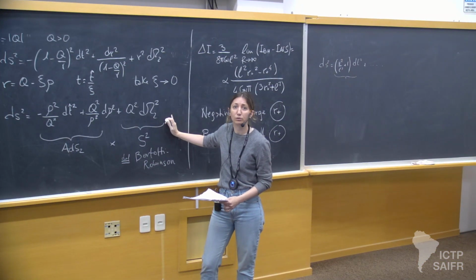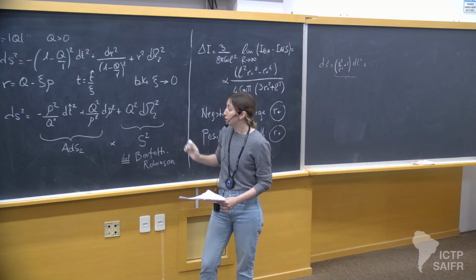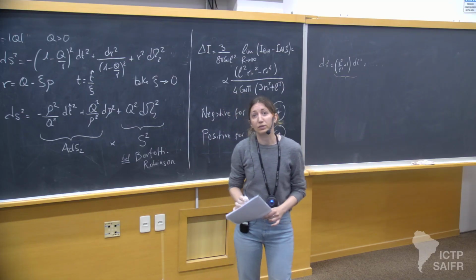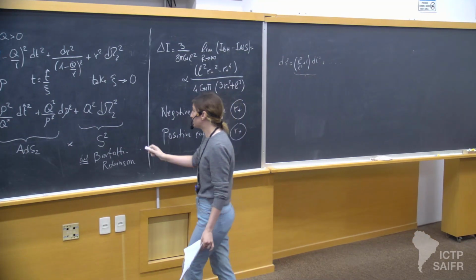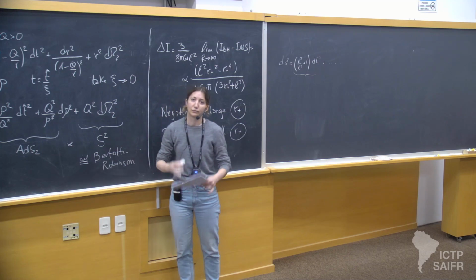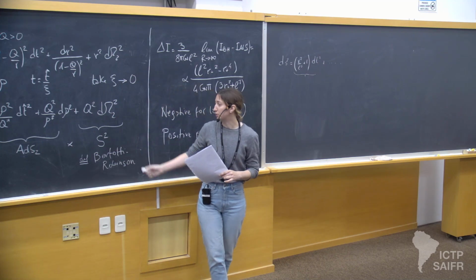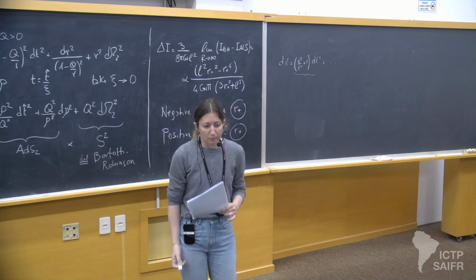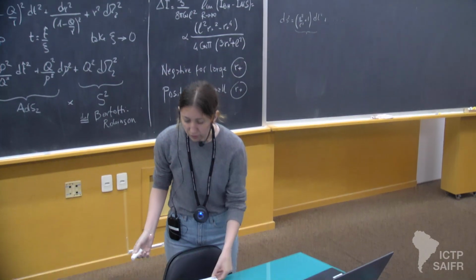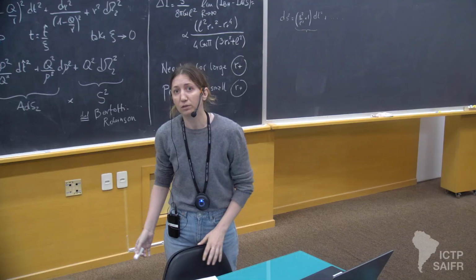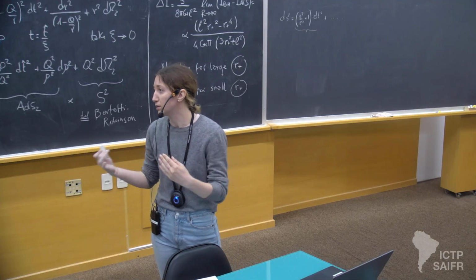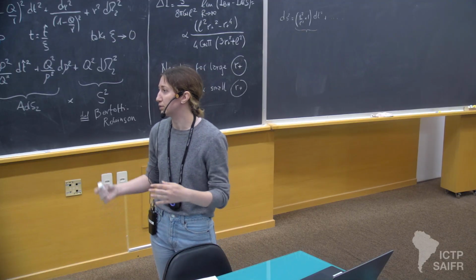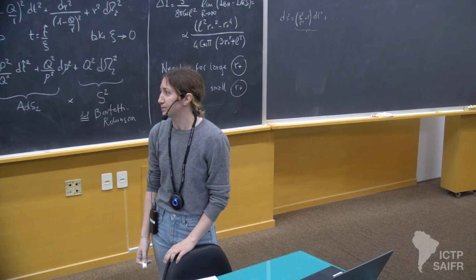You have it also for AdS black holes, and in some specific cases also for de Sitter black holes, even though de Sitter black holes also allow for more possibilities other than AdS2 times S2. We will discuss the consequences of this near horizon geometry and the physics of extremal black holes starting from the next class.